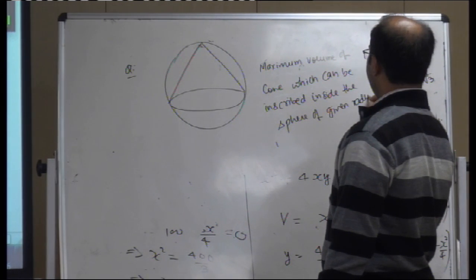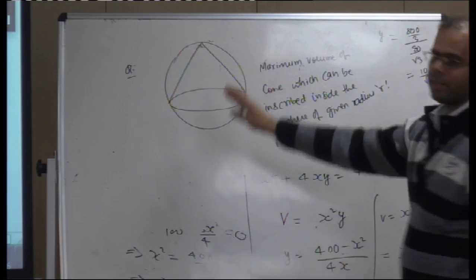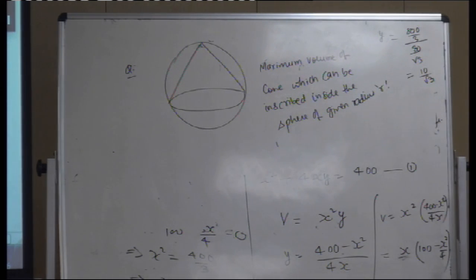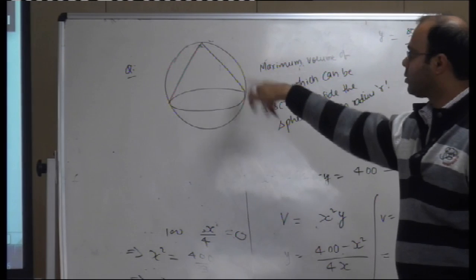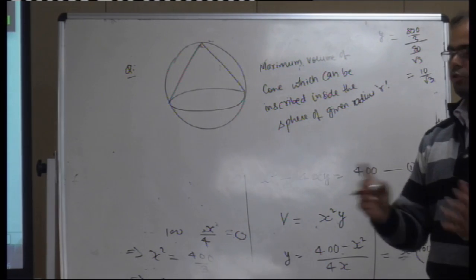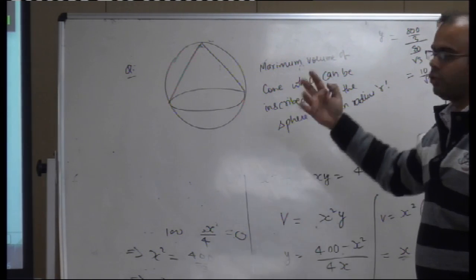So the radius is given, and you have to find, in that particular radius sphere, what should be the maximum volume of the cone which you can inscribe.